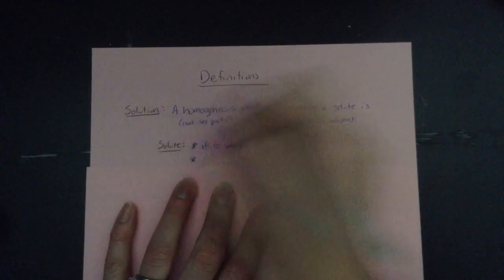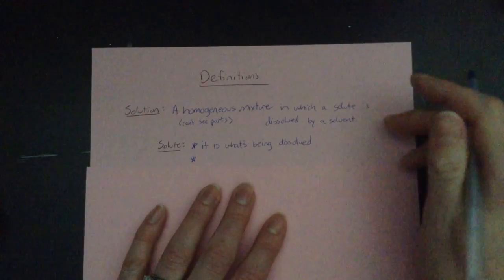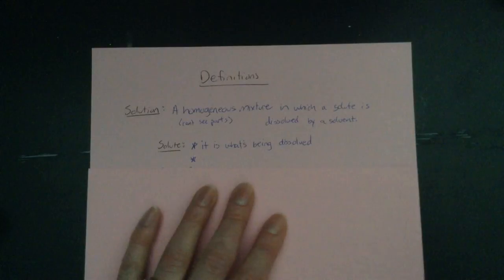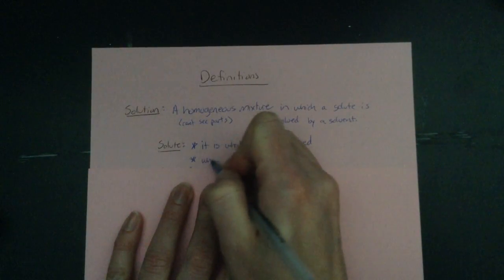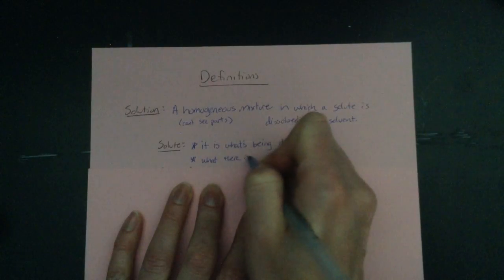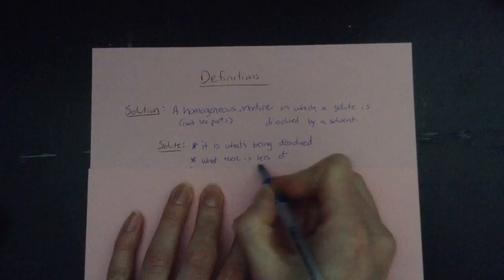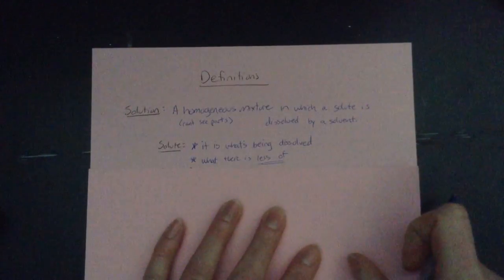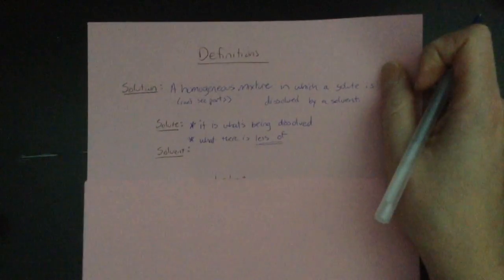But sometimes you can make a solution out of gases or liquids, and so it's harder to think about that as far as what's being dissolved. So another way that we think about the solute is it is what there is less of, which is true even when we're talking about what's being dissolved, but the smaller amount is going to be your solute, okay? If you can't tell whether it was the solid being dissolved or not.